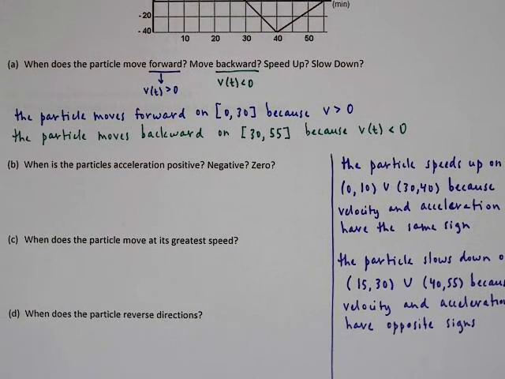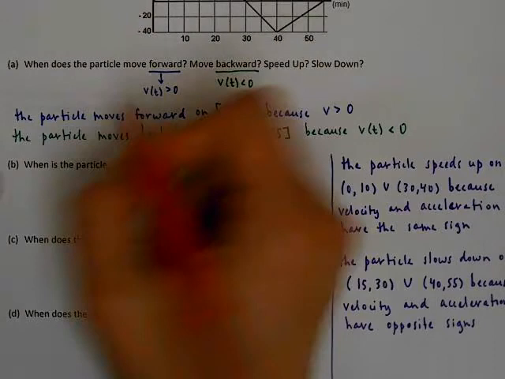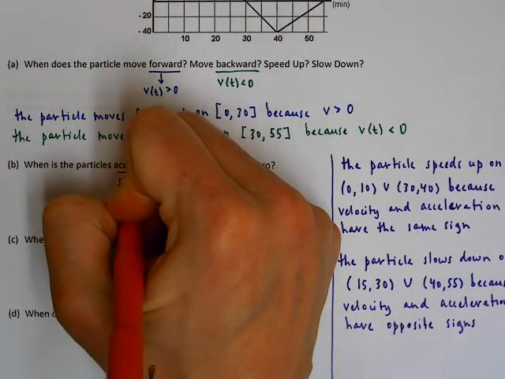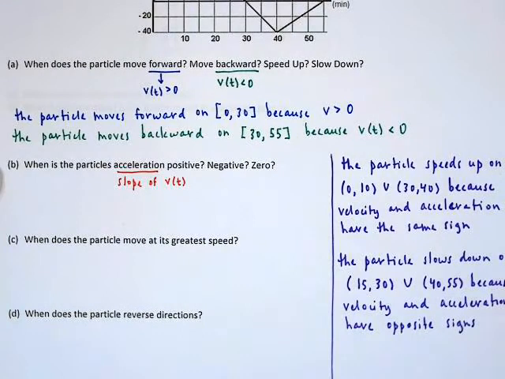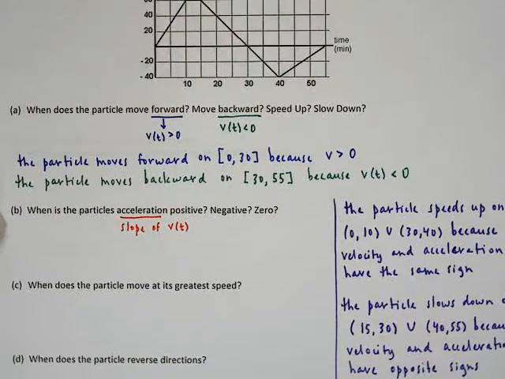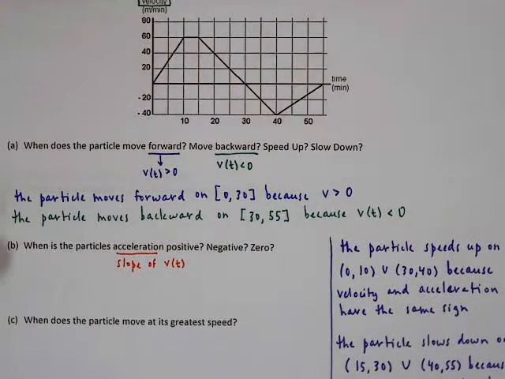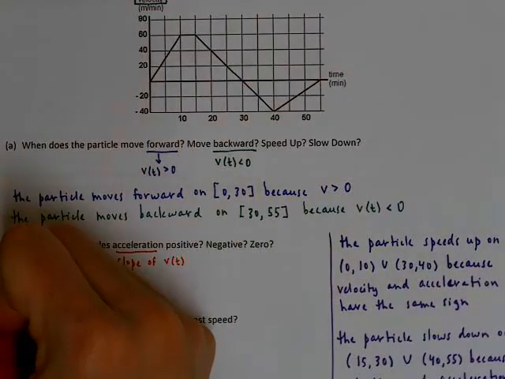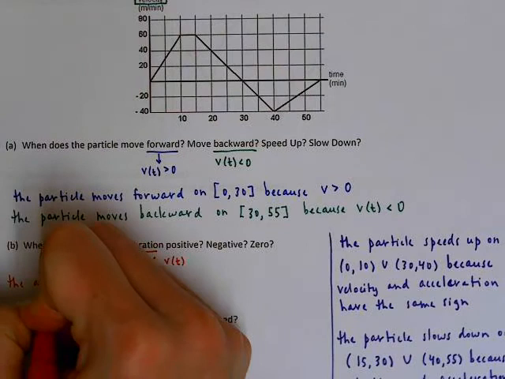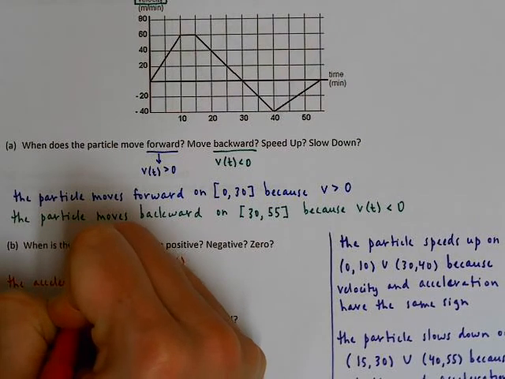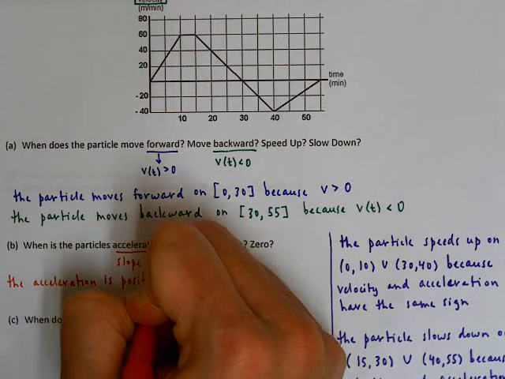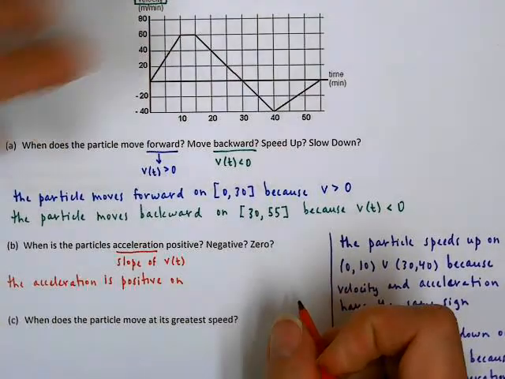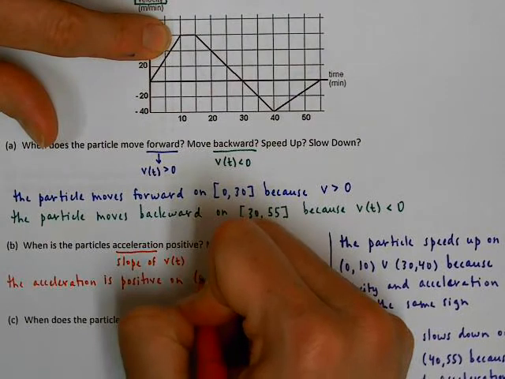All right, part B is all about the acceleration. And again, I know that acceleration is the slope of velocity. So for acceleration being positive, it means my slope is positive. So the acceleration is positive wherever I have a positive slope, so 0 to 10.